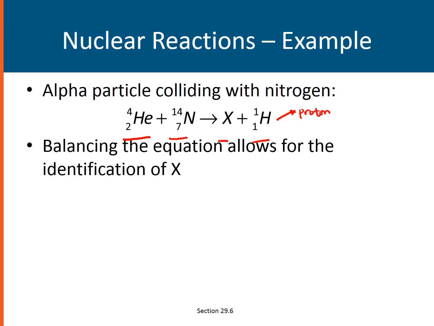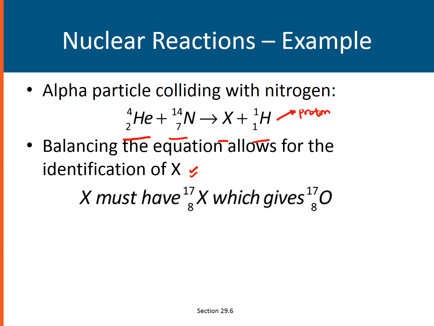Balancing the equation would allow us to determine what X is, and X must have a mass number of 17 and an atomic number of 8, and therefore X is actually oxygen-17, knowing that the element which has an atomic number of 8 is oxygen, and we will have to use our periodic table to deal with such a problem.